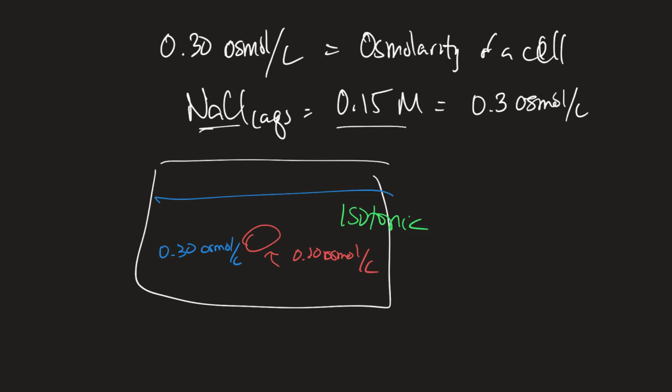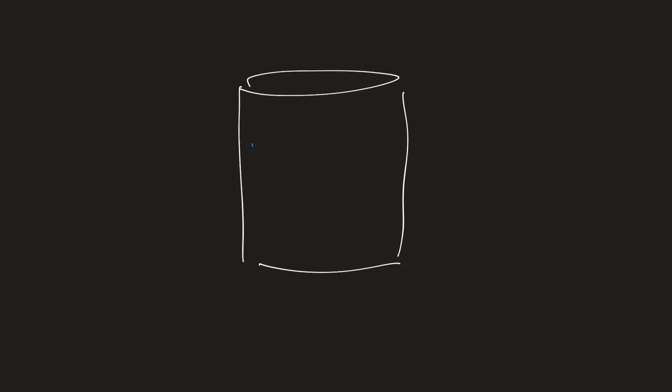Now, versus if we had a container with a solution that had an osmolarity of 0.10 osmol per liter, and our cell still has 0.30 osmol per liter. What's going to happen?